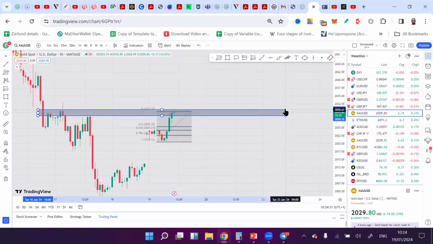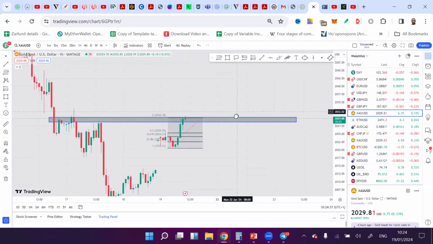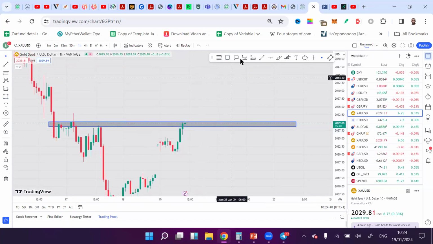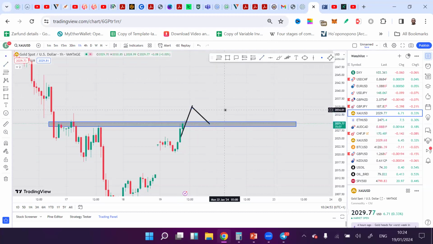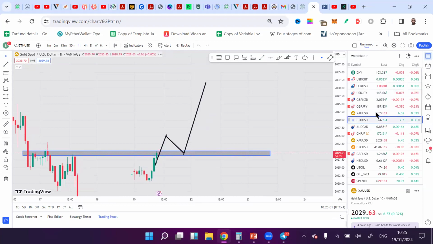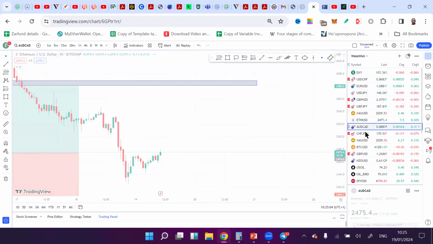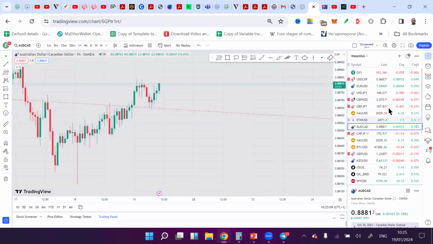Before I look to enter a trade, I want to see gold break out of this area. When gold breaks out of there, that's when I'll be interested in taking a gold trade. But for now, I will not be taking any gold trade. I want to make sure that we establish a very clear direction on gold before we enter it, right? So not clear enough yet. We'll keep our eyes on that and just watch.